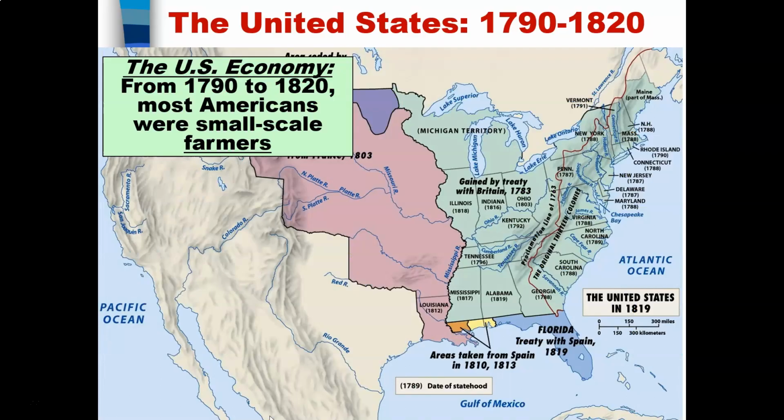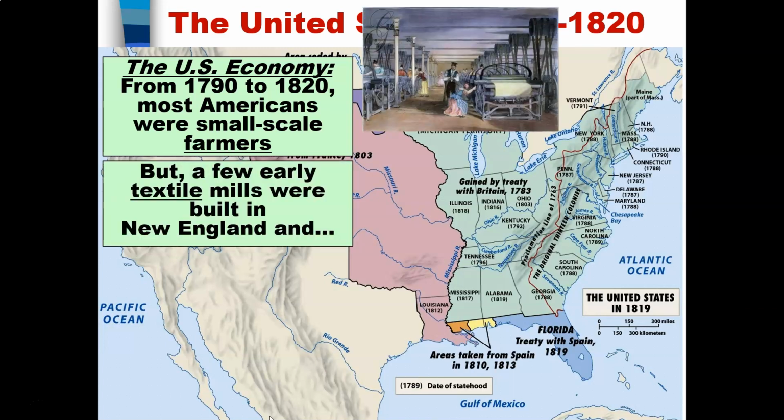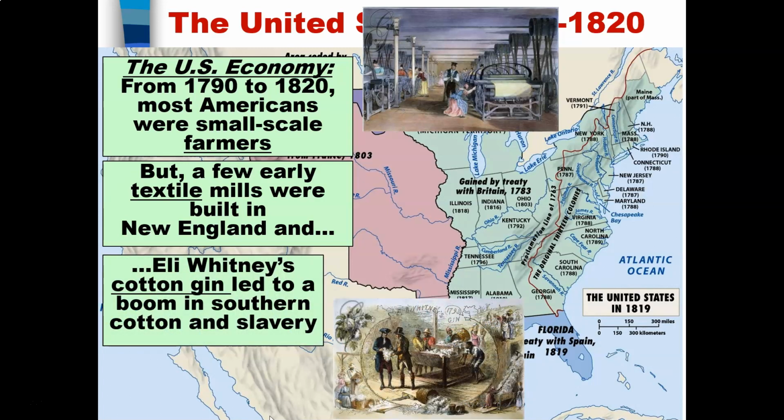From the year 1790 to 1820, most Americans were small-scale farmers. But a few early textile mills were built in New England, and Eli Whitney's cotton gin led to a boom in southern cotton and also slavery.